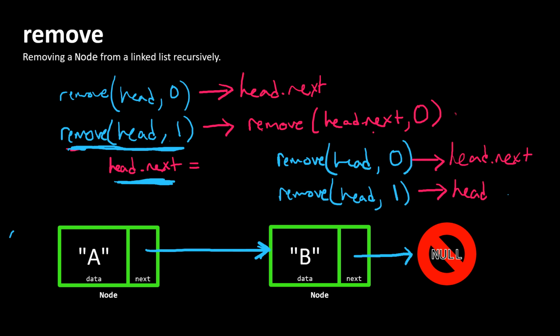And if it turns out that we keep calling remove recursively and we haven't yet reached our base case where the index is 0, in those cases, nothing's going to change. We're going to maintain the same link to the next node. But in the case where we actually are removing a node, we're going to get back the reference to the next node after the node we're removing, and that's going to be assigned back to where we came from.